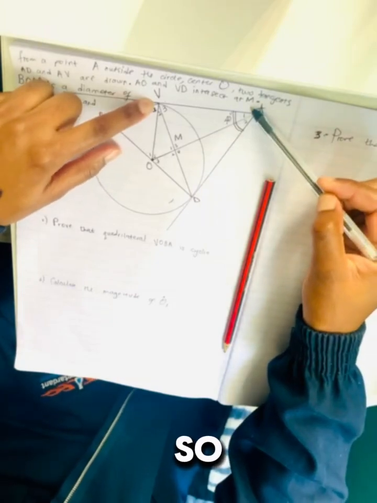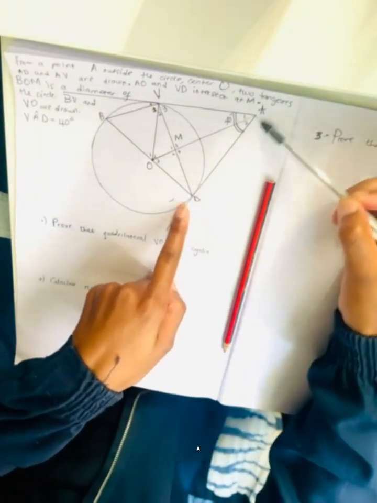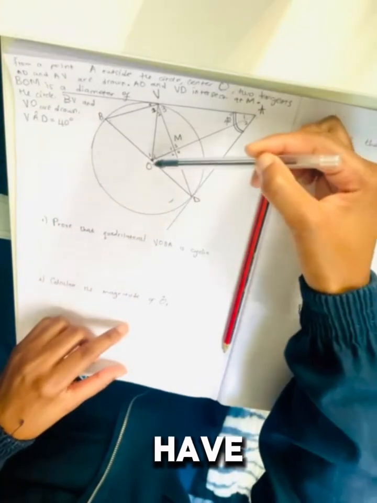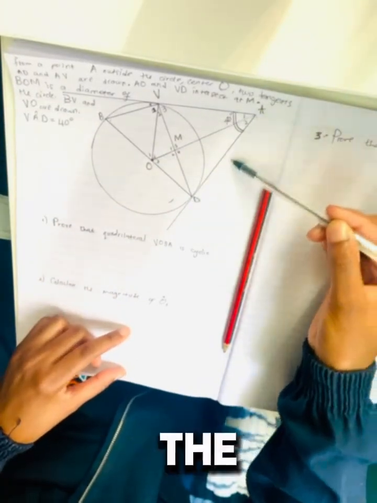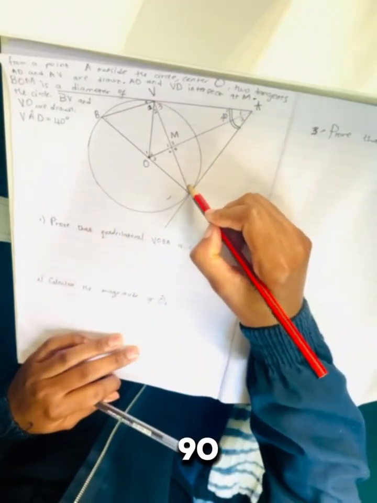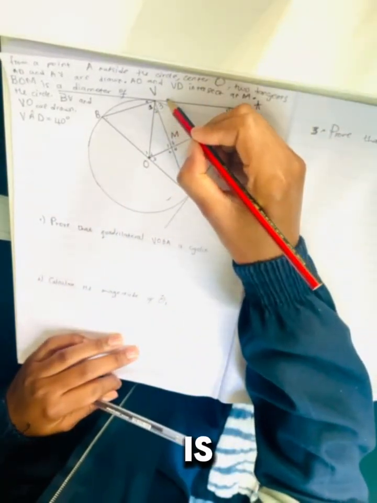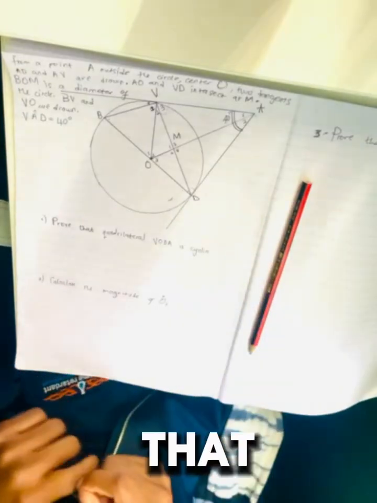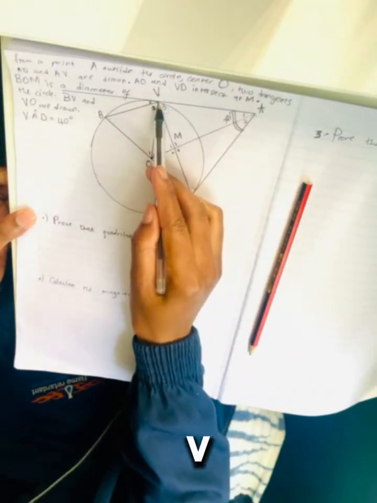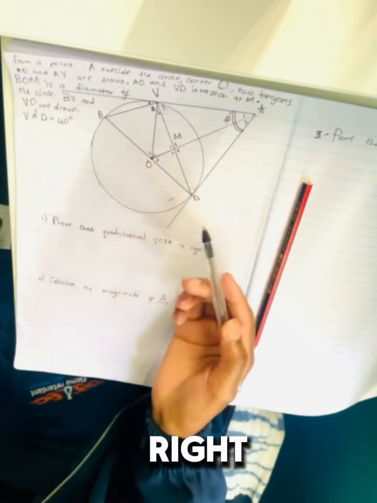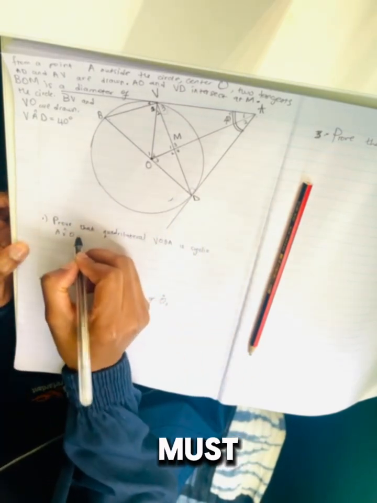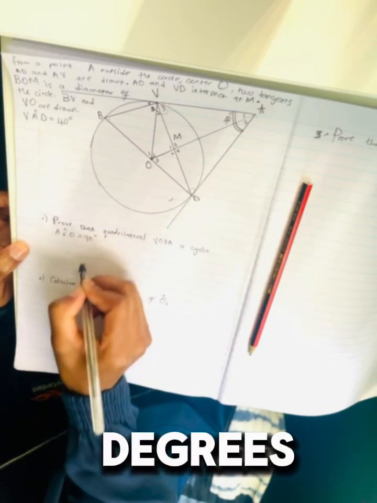We are told that AD and AV are the tangents, and the radius intersects the tangent, so this is 90 degrees and this is 90 degrees.